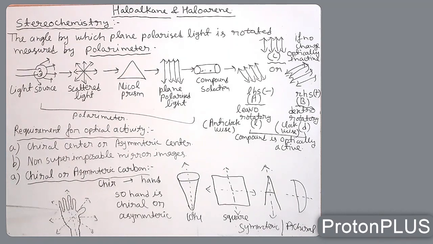When we check the symmetry of the hand as shown in this figure, by vertical symmetry or by any plane of symmetry, in any case we will not obtain two equal parts. So we can conclude that this hand has all different groups, that is, it is chiral or asymmetric in nature. So the term chiral or asymmetric is related to the hand.